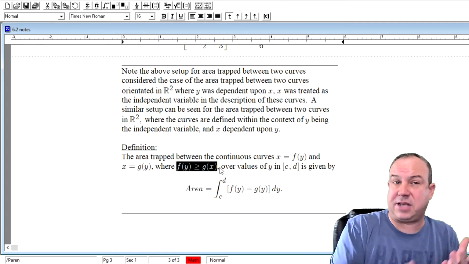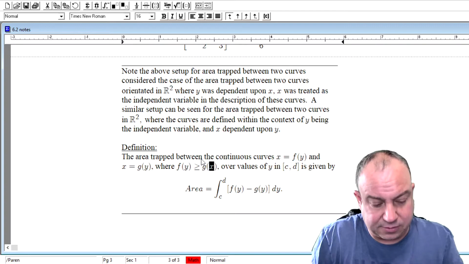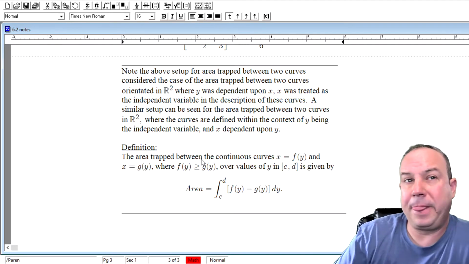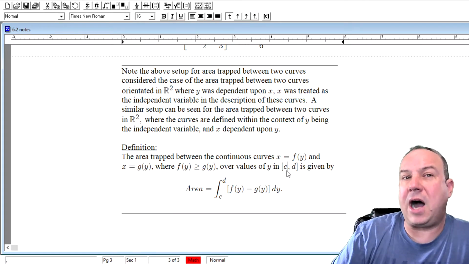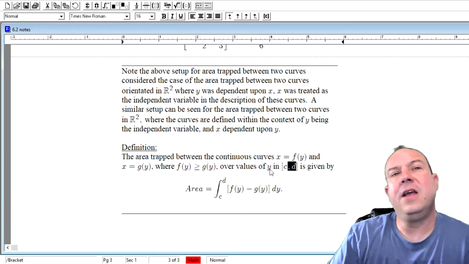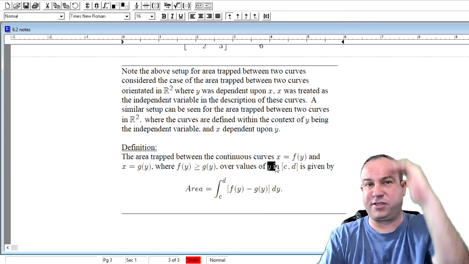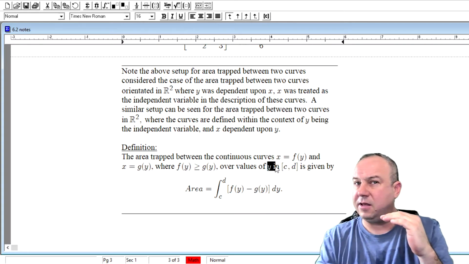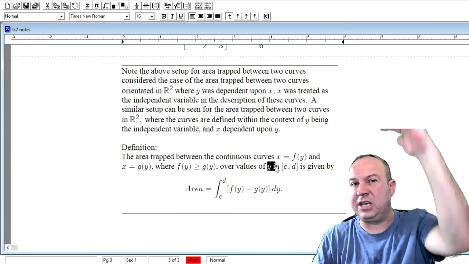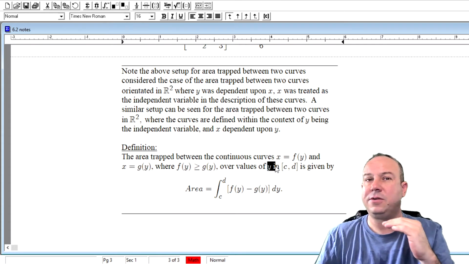Now, furthermore, in this relationship we have to take note that the size of outputs, f of y, will have to be greater than or equal to g of y over values of y in this interval from c to d. Y from c to d is some vertical interval of space, not horizontal, because it is referencing y values as opposed to x values.